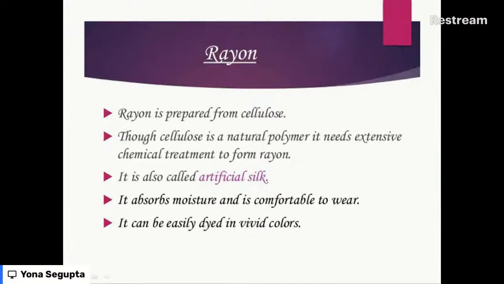Such a fiber was obtained by chemical treatment of wood pulp, and this fiber was called rayon, or artificial silk.